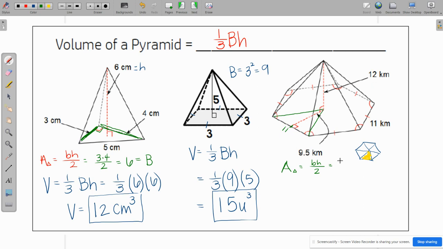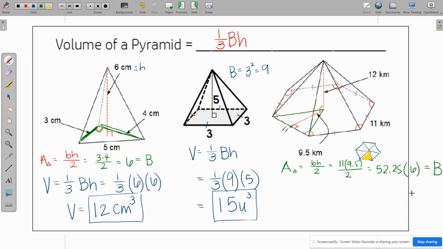Sorry, I don't remember if I said that or not. 11 times 9.5 divided by 2. And that's going to give us just one of these triangles. So one of these triangles is 52.25 square kilometers.